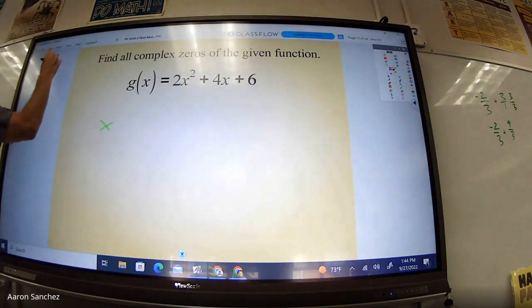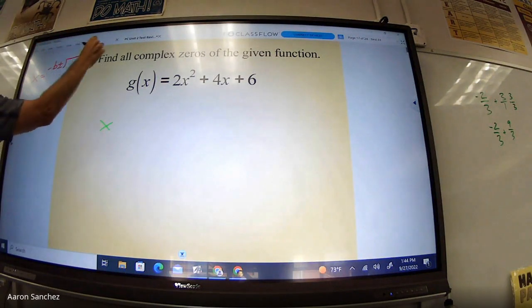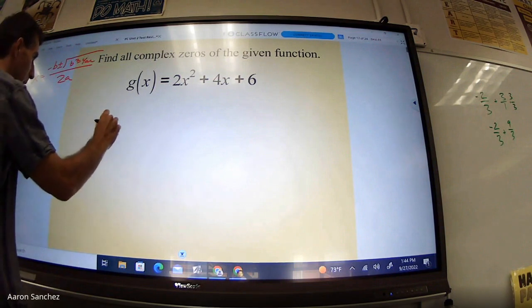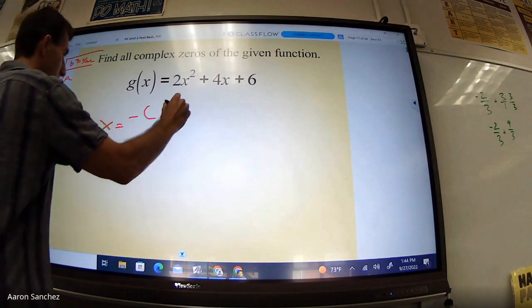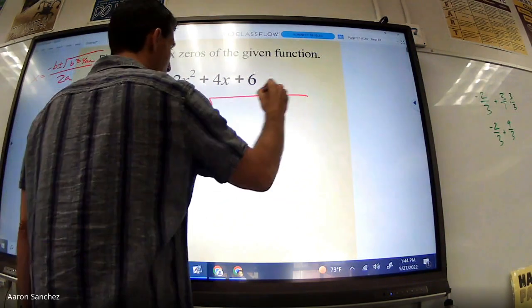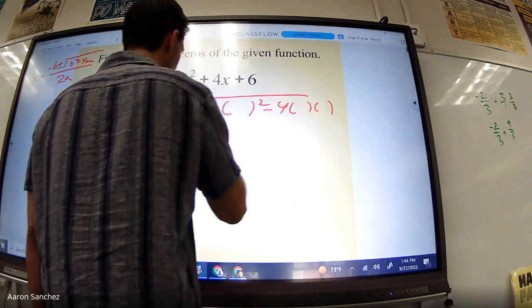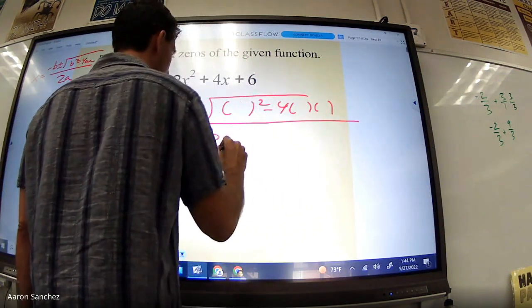X equals negative b plus or minus square root of b squared minus 4ac all over 2a. X equals negative blank plus or minus square root blank squared minus 4 blank blank all over 2 blank.